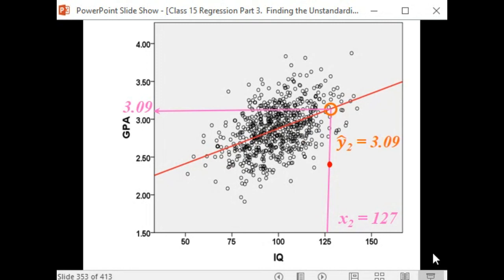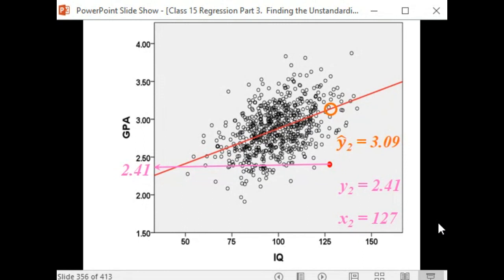Now, next, we need to find the observed value of Y. So what is the observed value of Y for individual 2? Make your best estimate. Okay, the observed value of Y is 2.41.